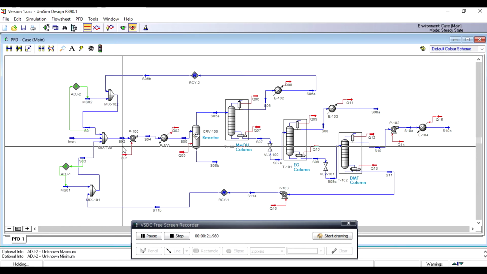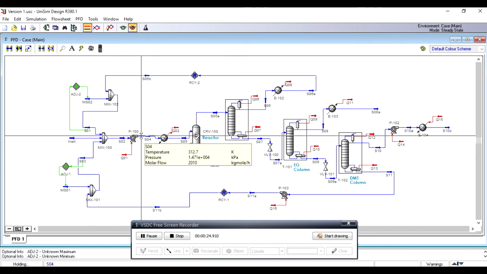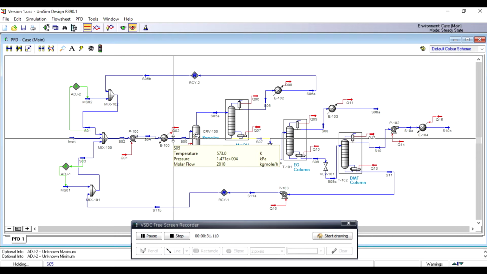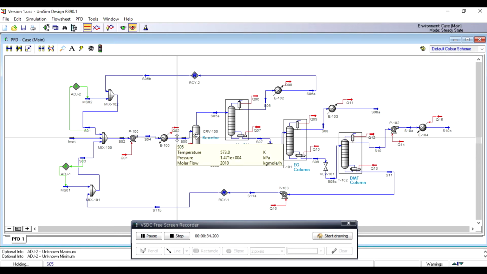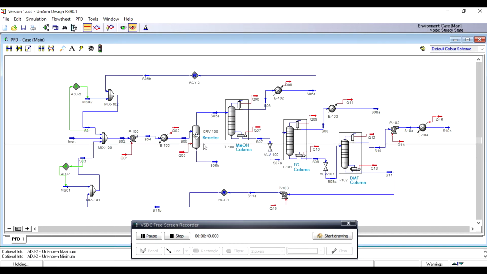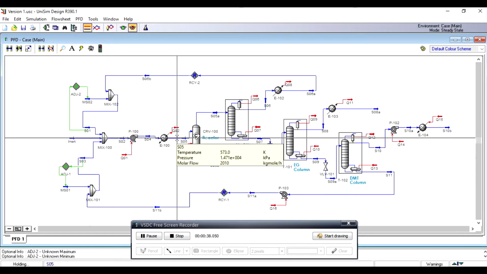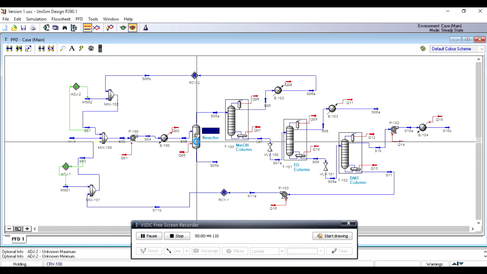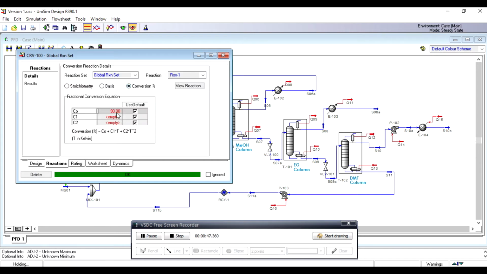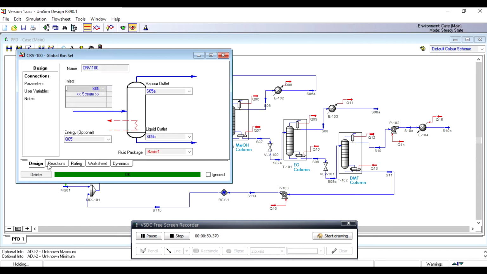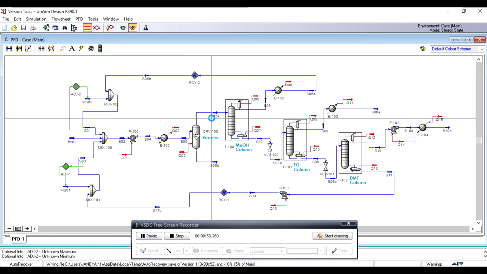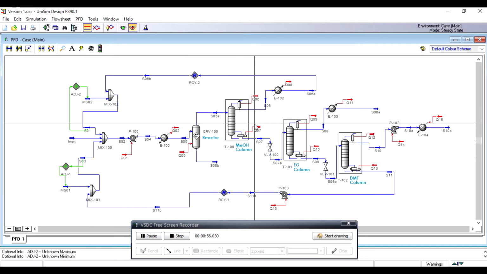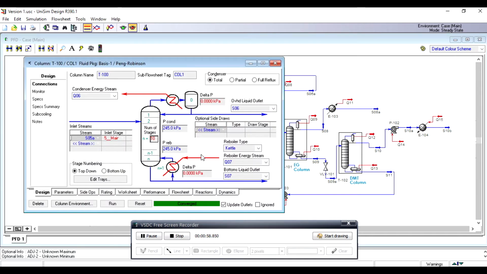Then the mixture goes through a pump to increase the pressure to 14,710 kPa, and is then heated up to 573 Kelvin to establish a supercritical methanol condition. Then the mixture is fed into the reactor to undergo the depolymerization process at 90% conversion. All the products go out in the first stream and are then fed into the methanol column.